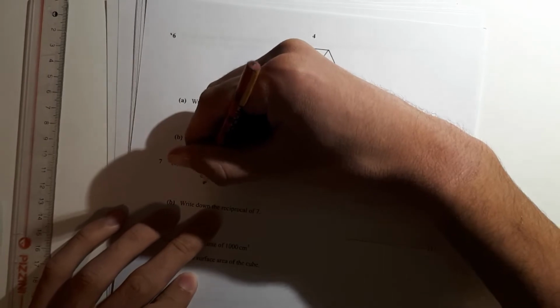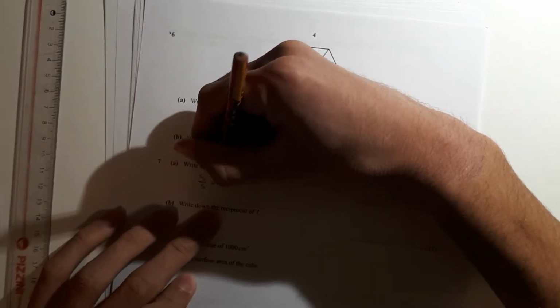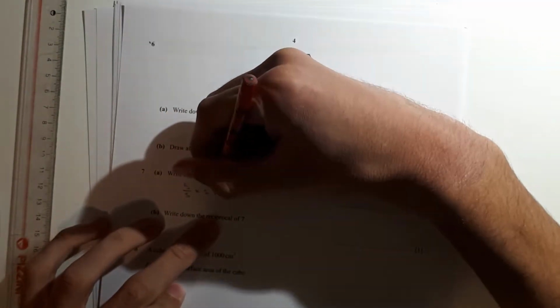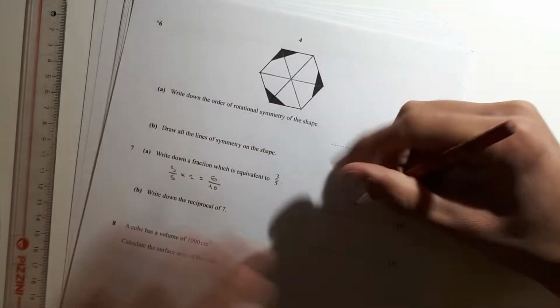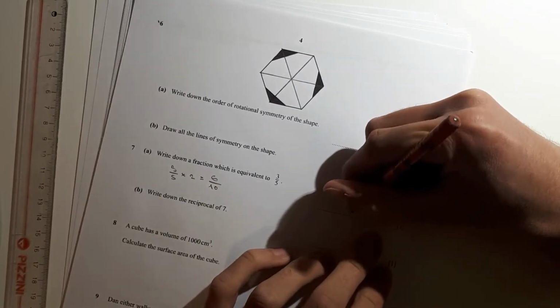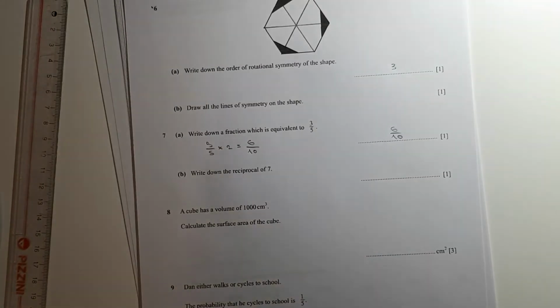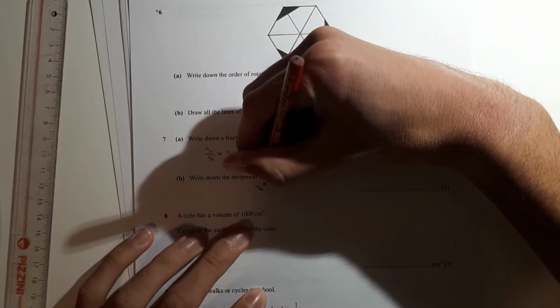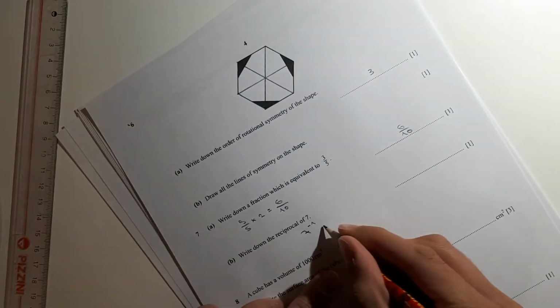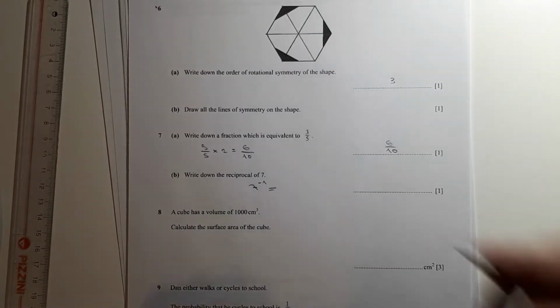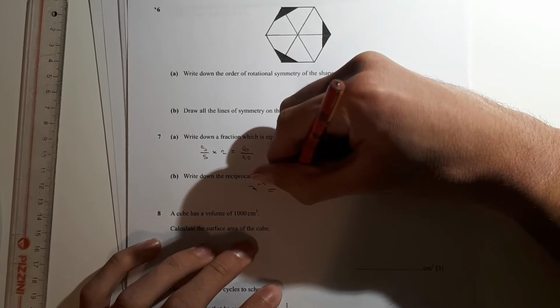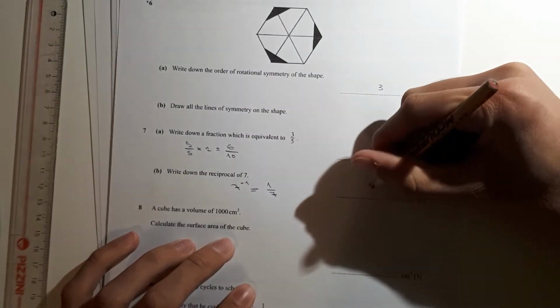So we have to multiply by 2, and we're going to have 6/10. Write down the reciprocal of 7. So we have to make the exponent -1, and this is going to give us 1/7.